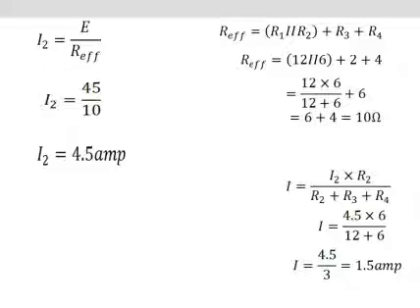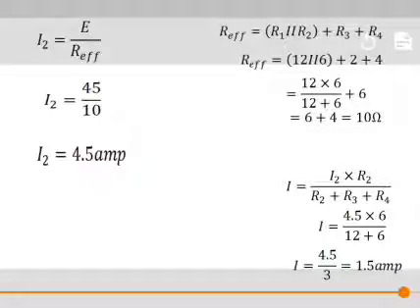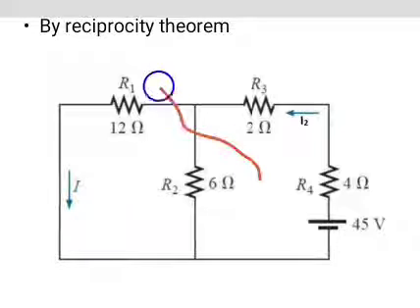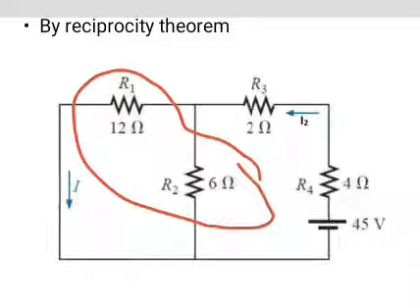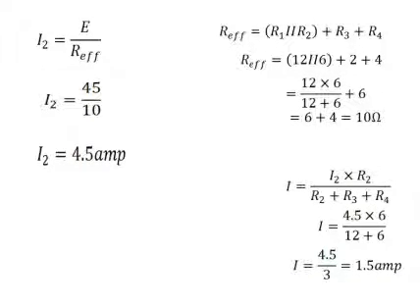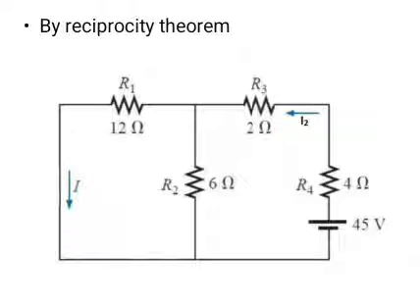You know the value of effective resistance, that equals 12 parallel 6 plus 2 plus 4.